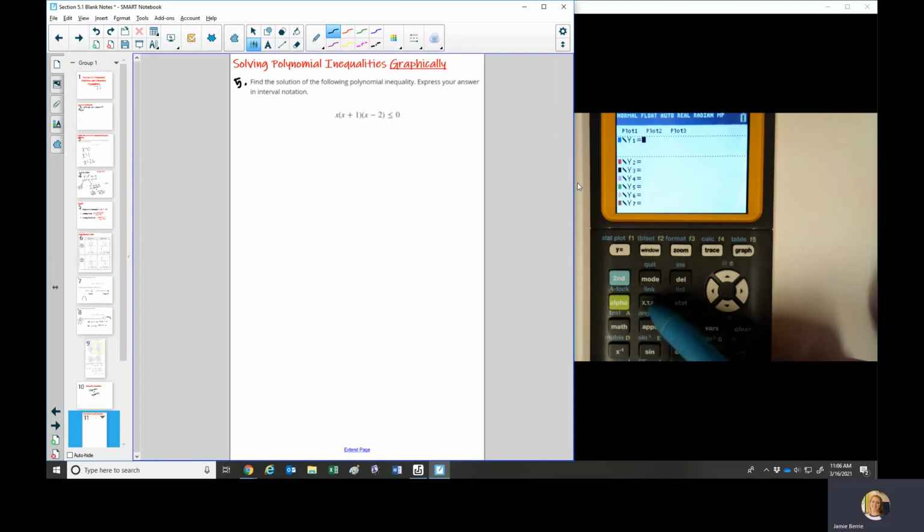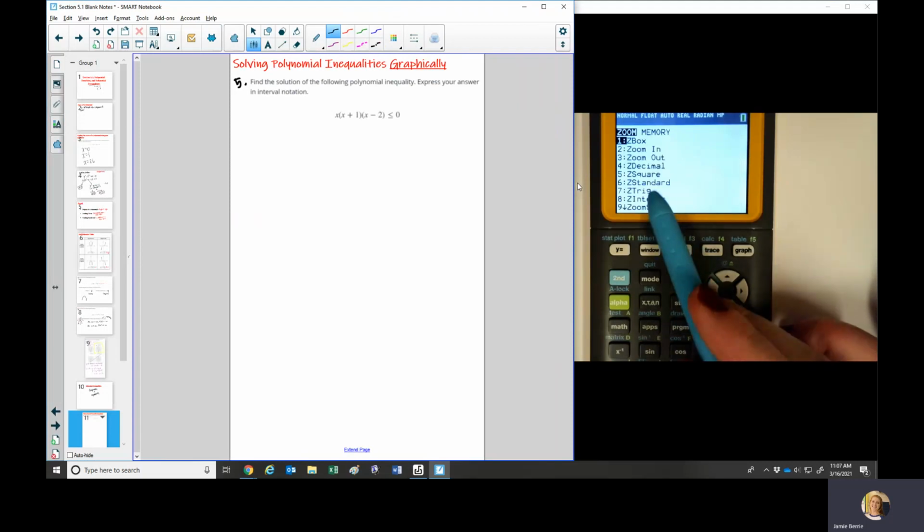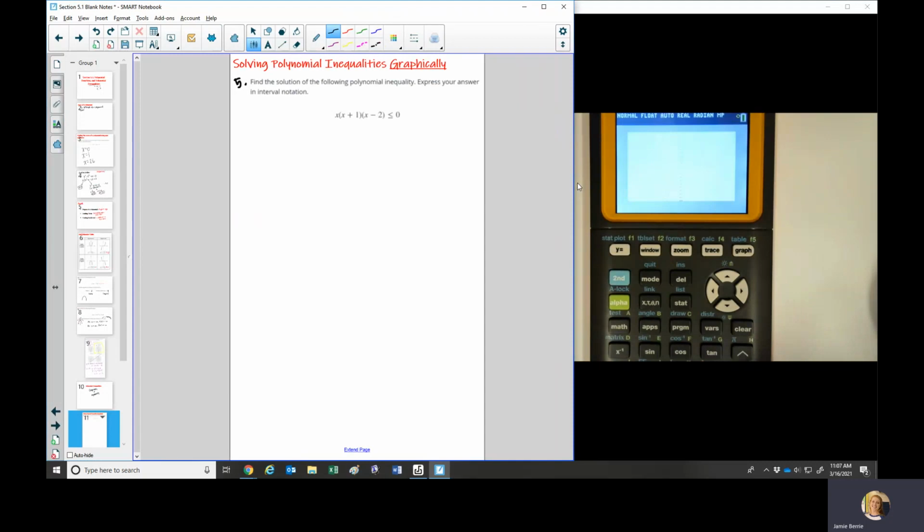Type in your polynomial, x parentheses x plus 1 parentheses x minus 2. Then go ahead and graph this in the standard window to start with. So go to Zoom, Standard, that's option number 6.